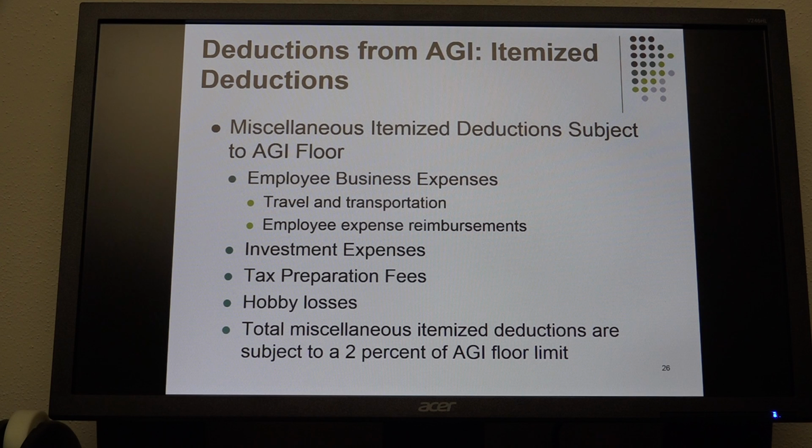Then that creates a rebuttable presumption that the activity is for profit. And therefore, if you have a loss, it's deductible on Schedule C. You list your revenues, you list your expenses, and the loss carries over to Form 1040.